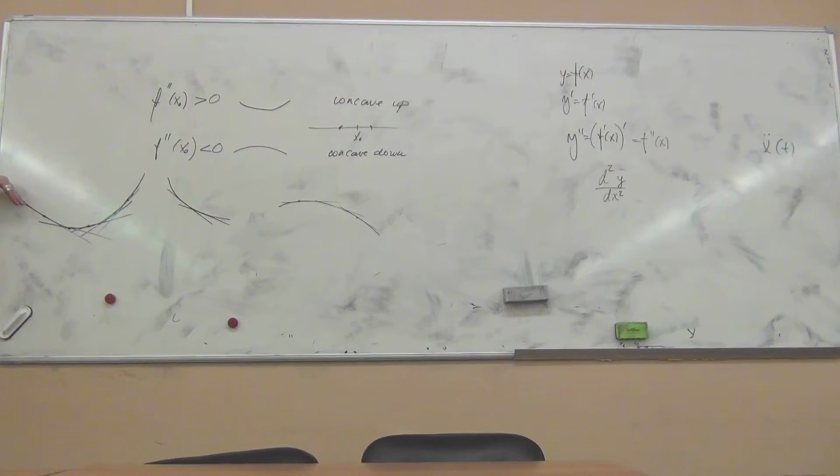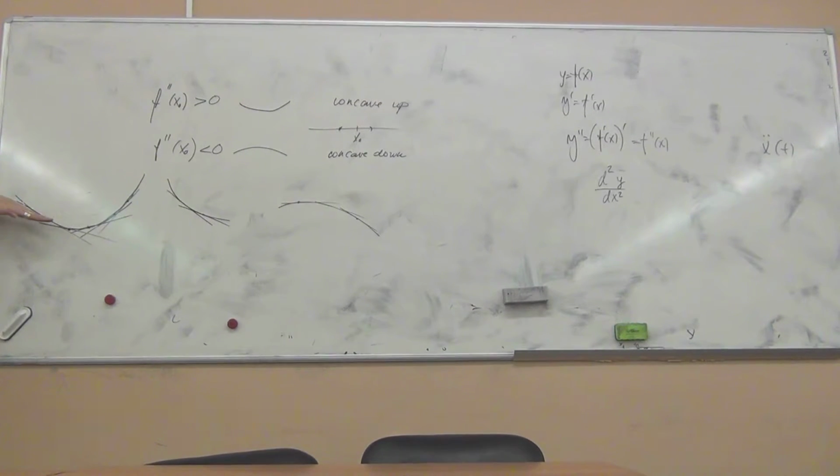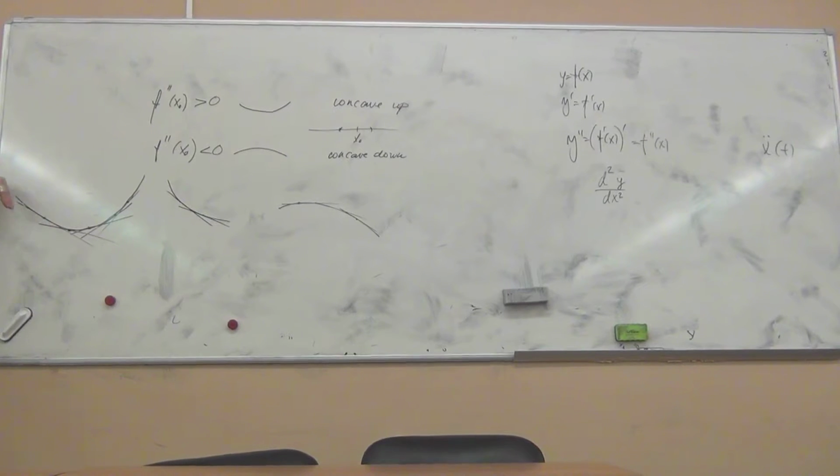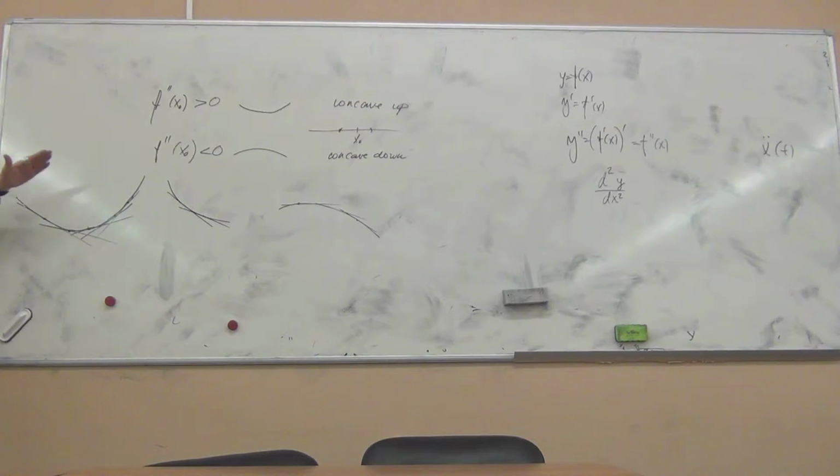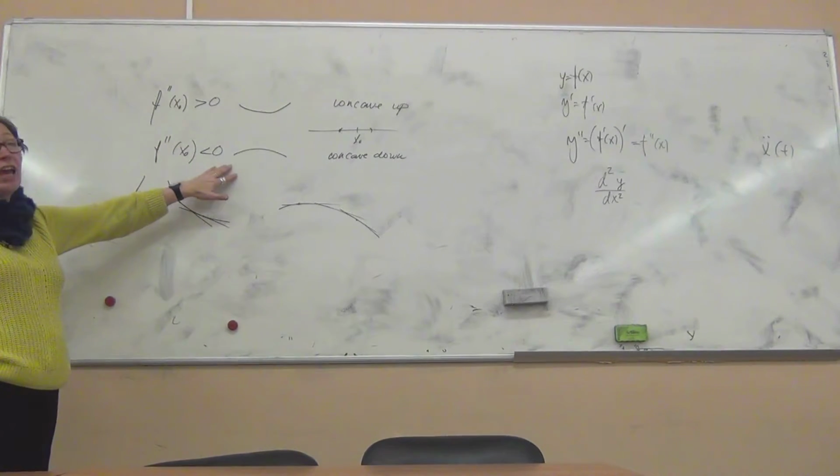The same actually here, even though the lines become more and more horizontal, the gradient is actually increasing from -3 to -2 to -1 to 0. So again, it's increasing. The value of the derivative is increasing, which means its derivative is positive. And the same or a similar thing for concave down.